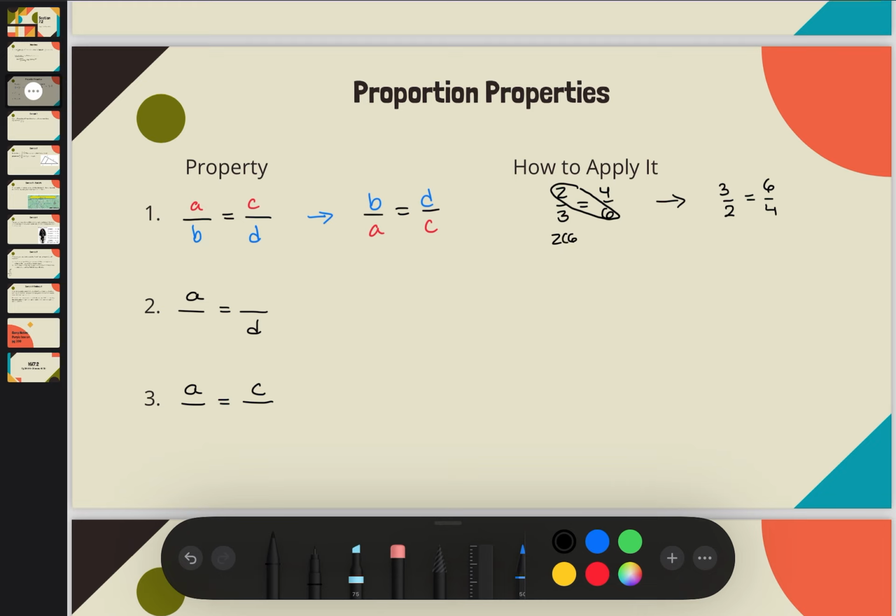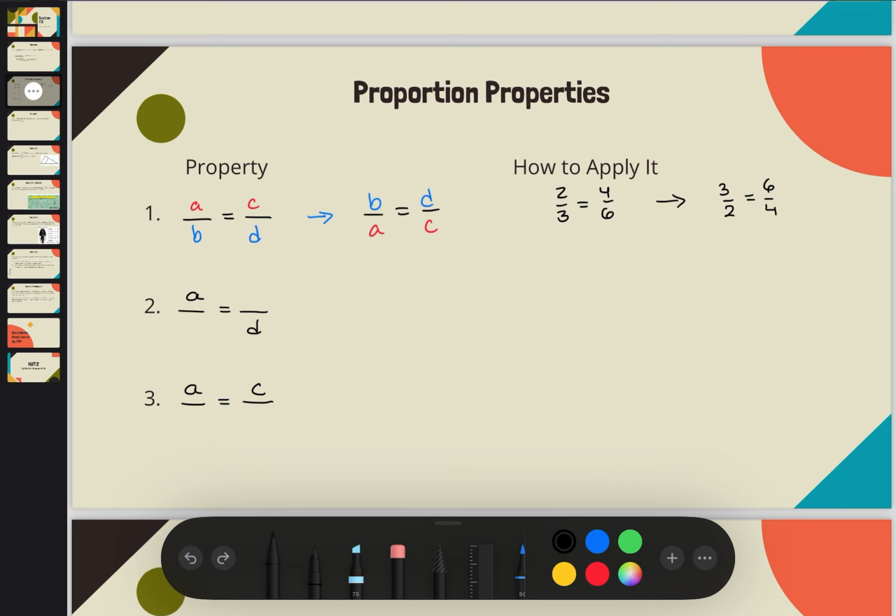So this one, 2 times 6 equals 3 times 4. That's going to be 12 equals 12. Cool, that makes sense. Over here, if you used your cross products method, you would also get 12 equals 12. Another true statement, right? So that's all we mean by equivalent expression. Your cross products will get you something that is also true for both of those.